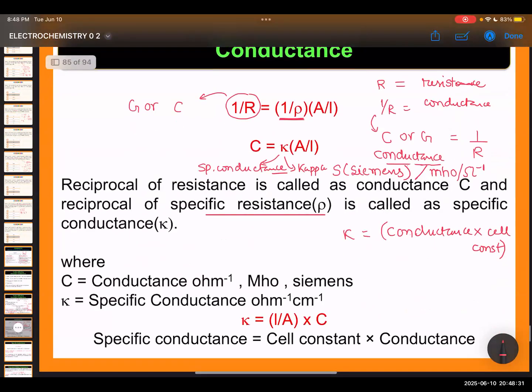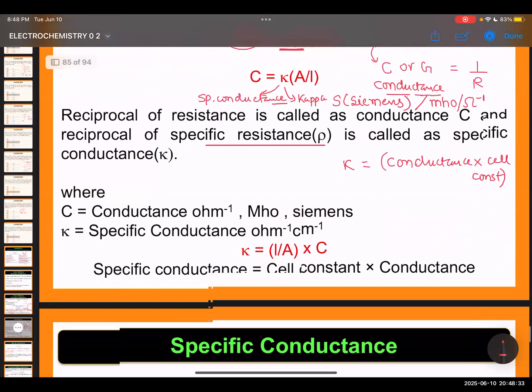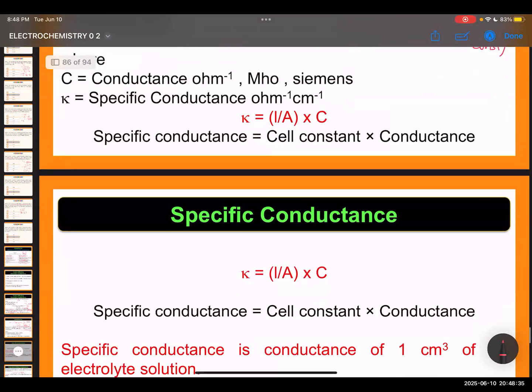So we have seen kappa equal to conductance into cell constant. Just remember this. Kappa equal to Cc, and cell constant is L by A. Just remember, very important. A lot of numericals will be solved by this.